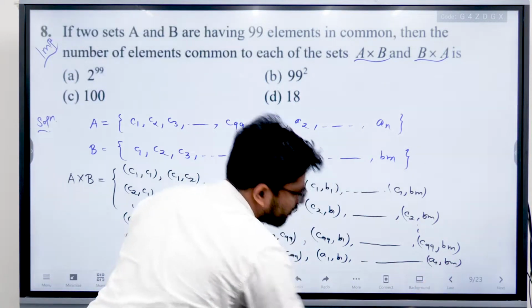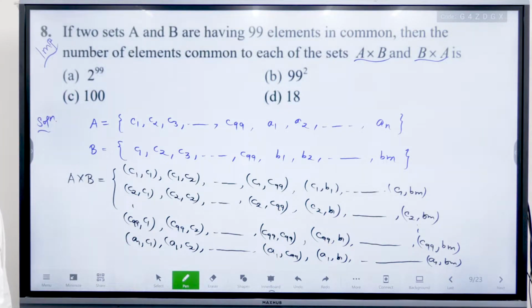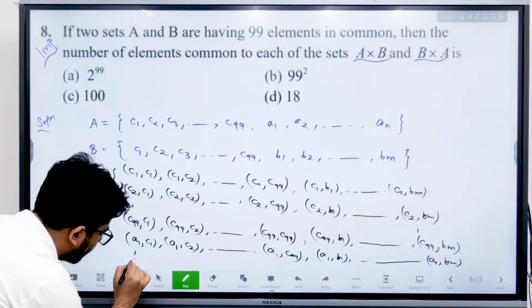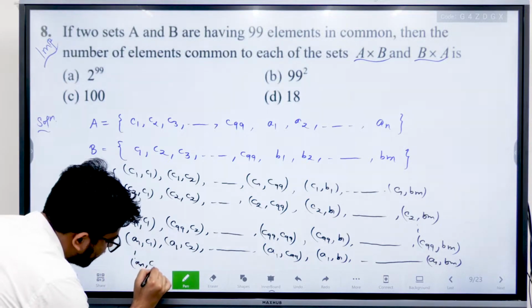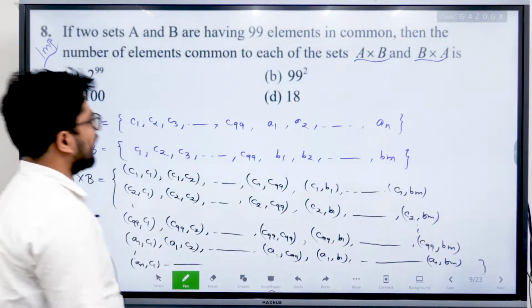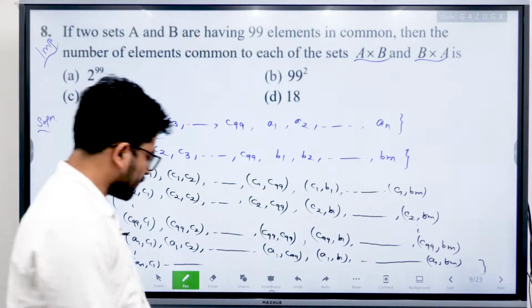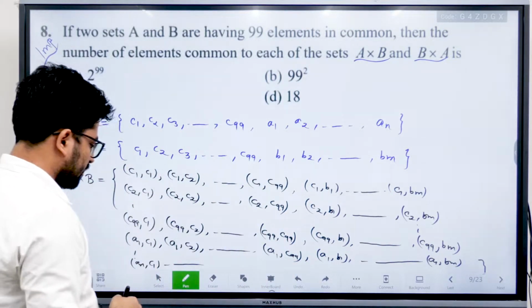Similarly for A2, similarly for A3 and till AN. So you have this thing for AN, AN C1 and so on, and this is your A cross B. Got it?